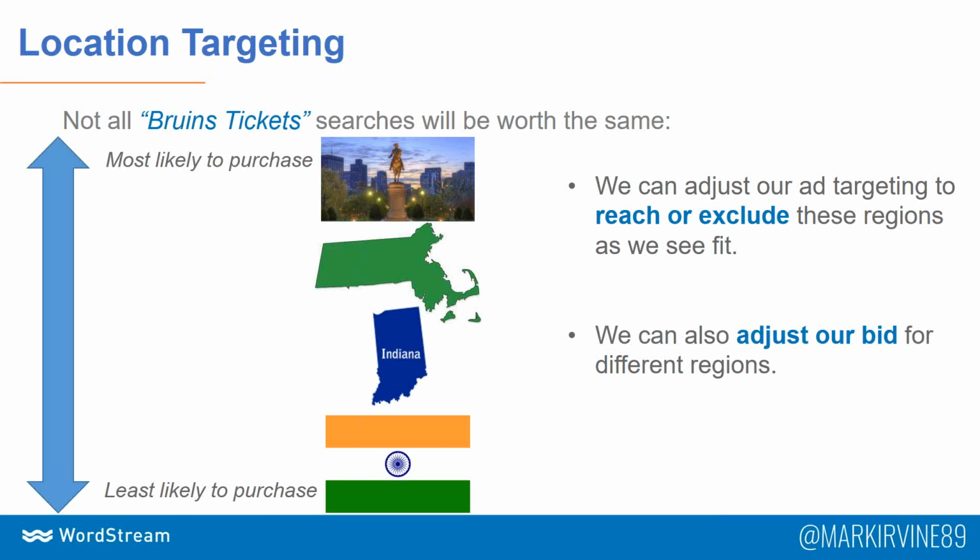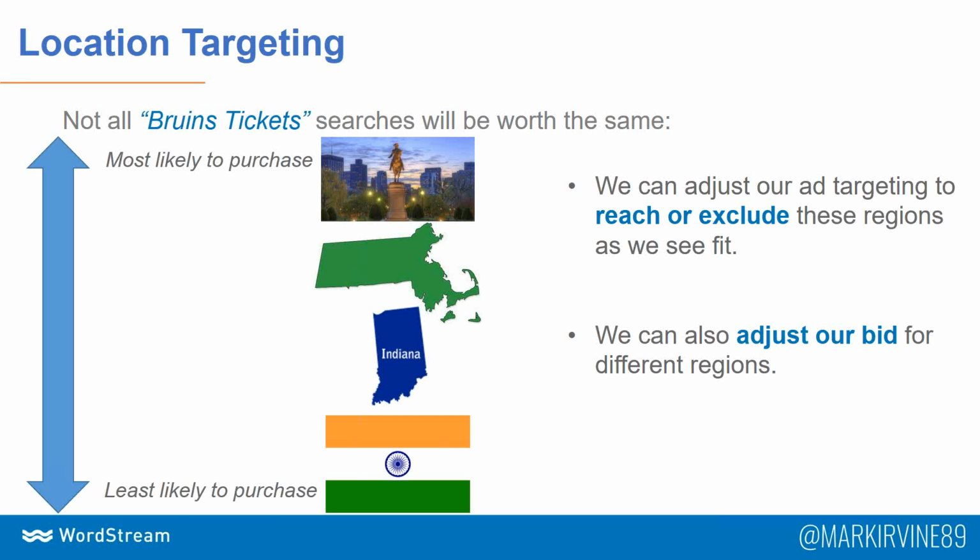And using this kind of information, we have the ability to either target or exclude regions as we see fit. I might not want to serve my ads in India, even if they're searching for Bruins tickets, because I don't believe that they're going to purchase from me. Whether or not I choose to serve my ads in Indiana is a different decision.